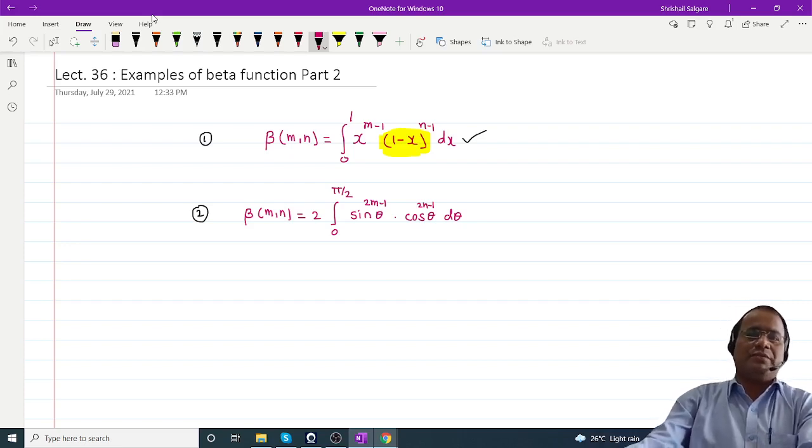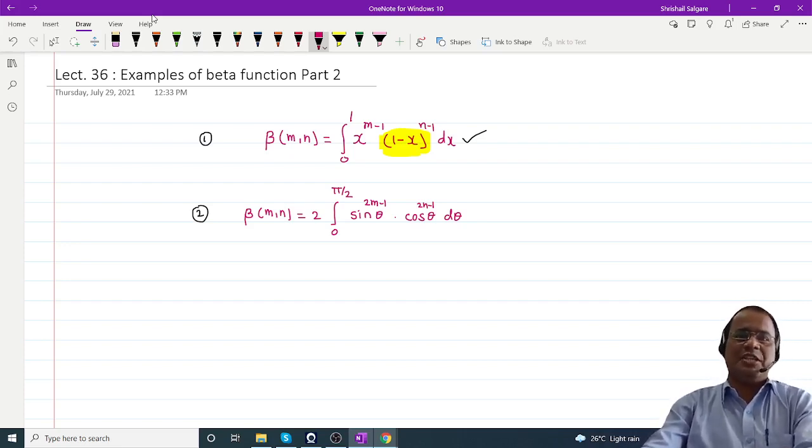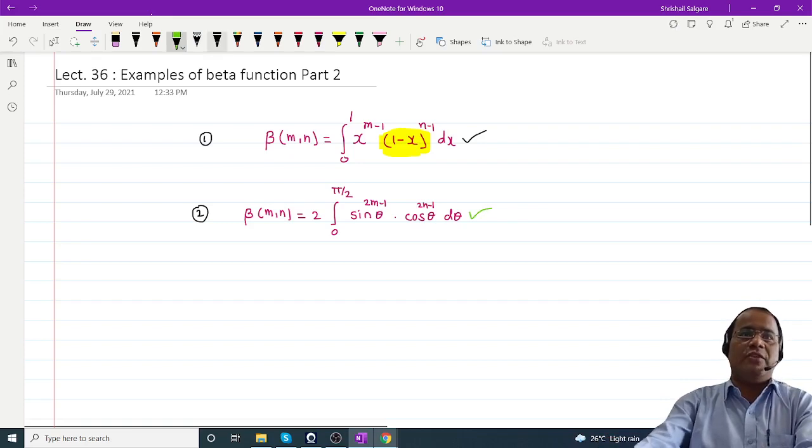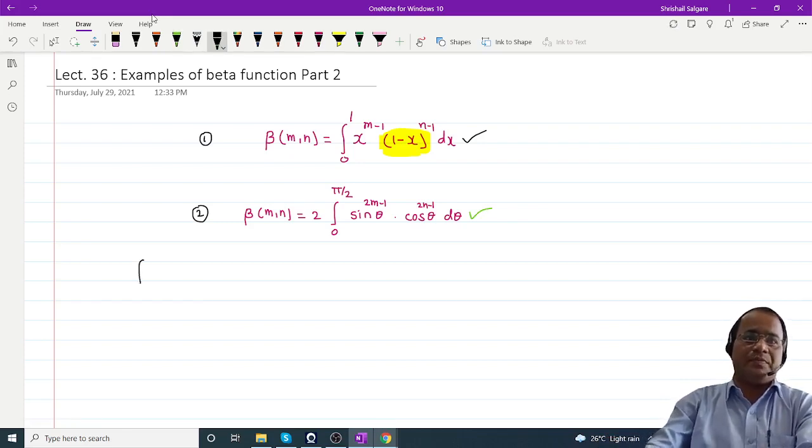So what we observe is that in the first definition, the integrand is given in algebraic form. You have a factor x and 1 minus x. From the first definition we converted to the second form. In the second form, the integrand is given as a combination of sine and cos, and we take the help of the second definition to evaluate integrals of the type 0 to pi by 2 sine theta raised to p into cos theta raised to q d theta.